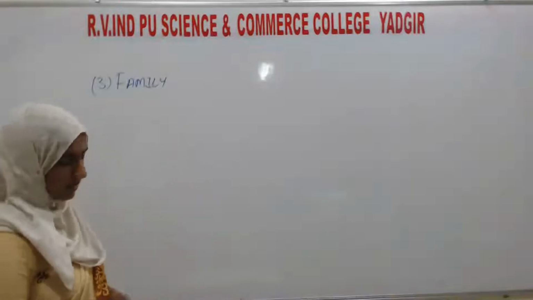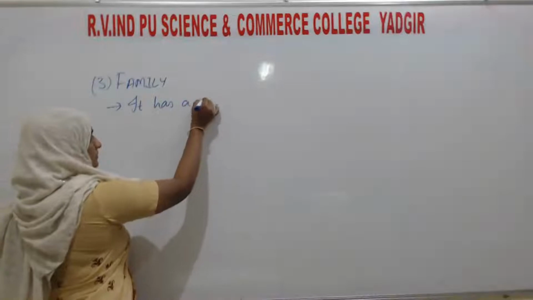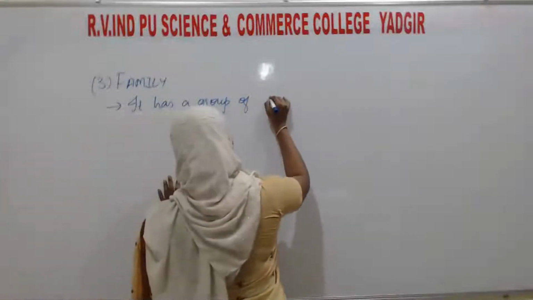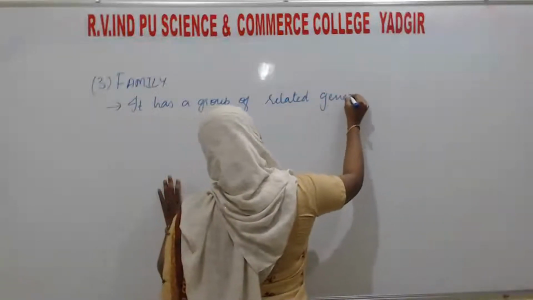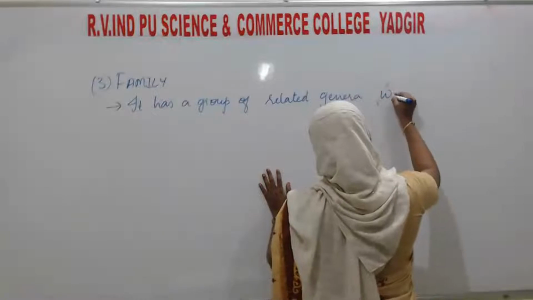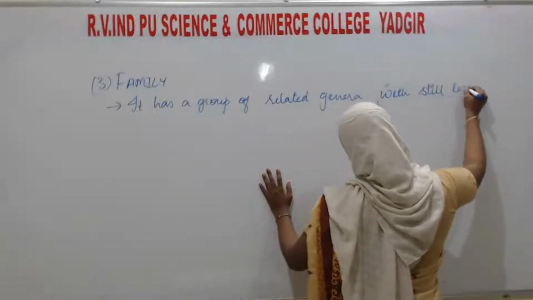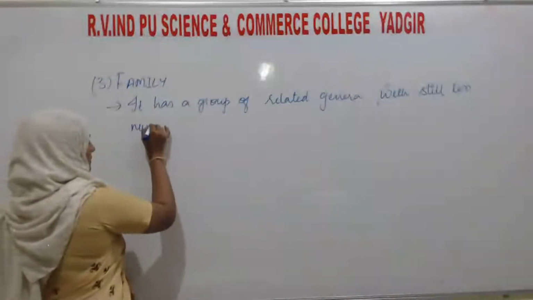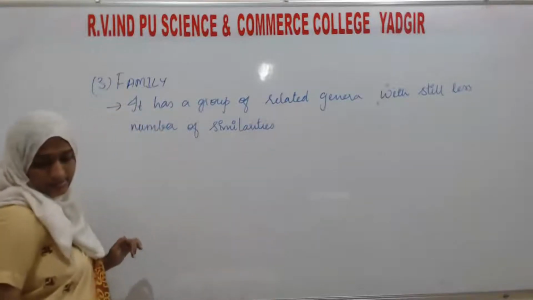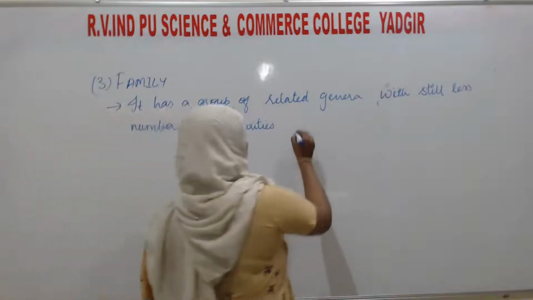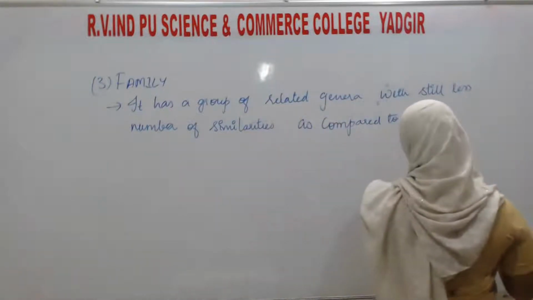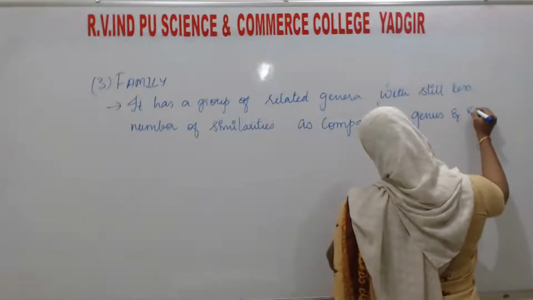Here, family has a group of related genera, or the related genus, with still less number of similarities as compared to genus and species.